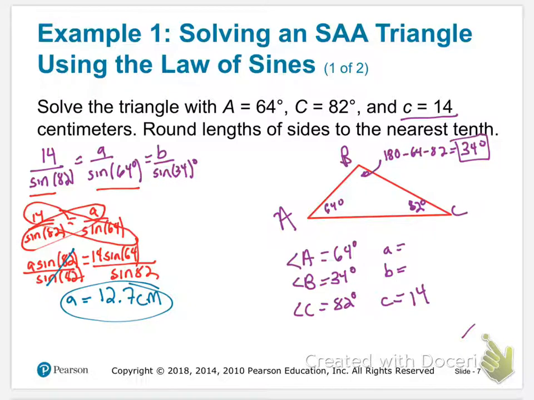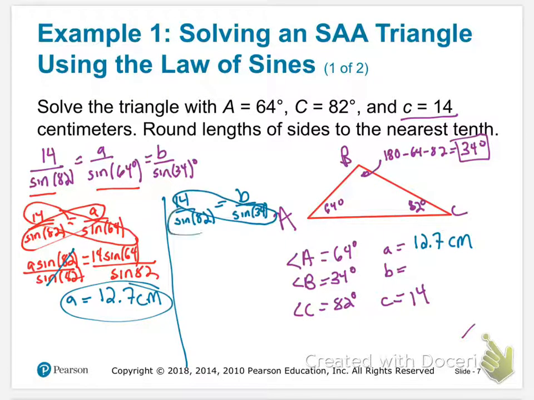So I'm going to go over here and fill that in. It was 12.7 centimeters. And then we want to find side B. To find B, we're going to use that same 14 over sine of 82 equals B over sine of 34. We're going to cross multiply. B sine of 82 equals 14 times sine of 34.